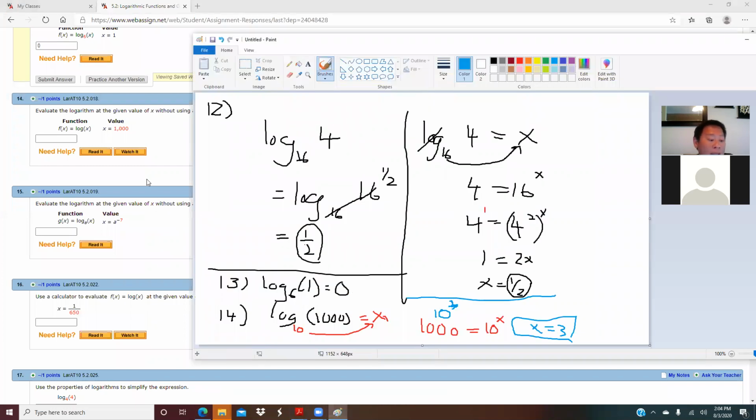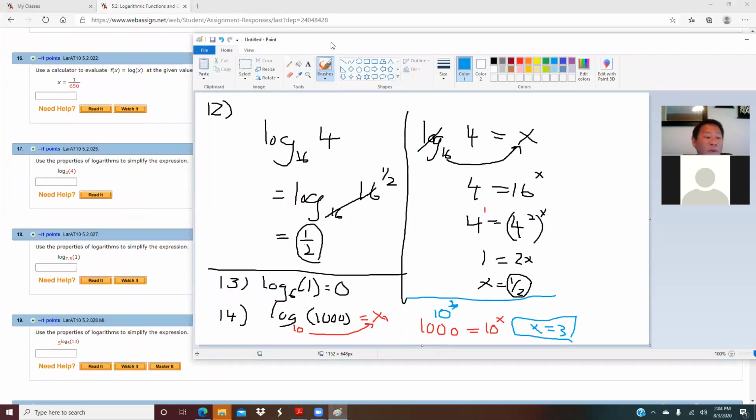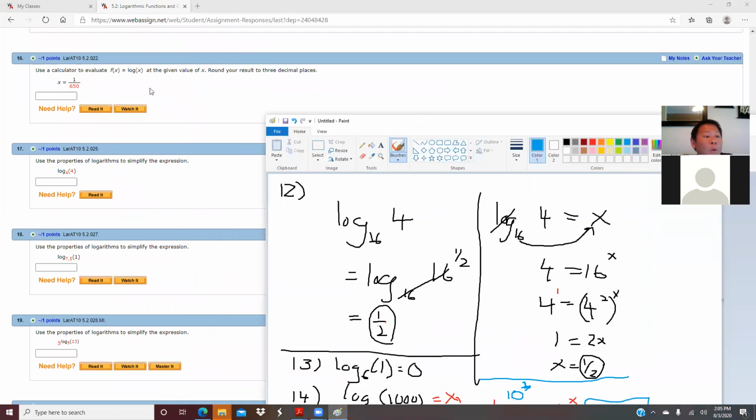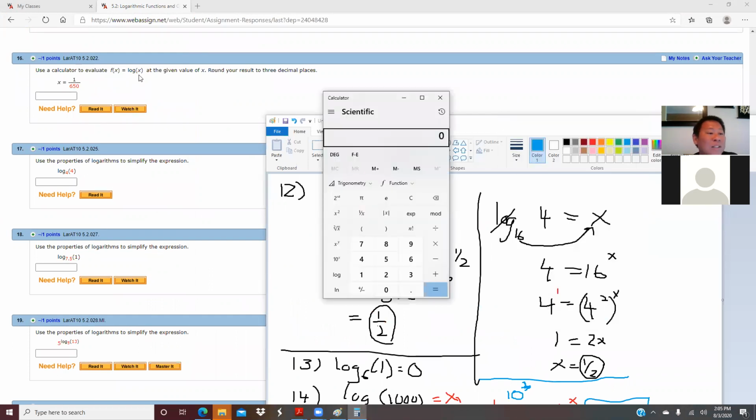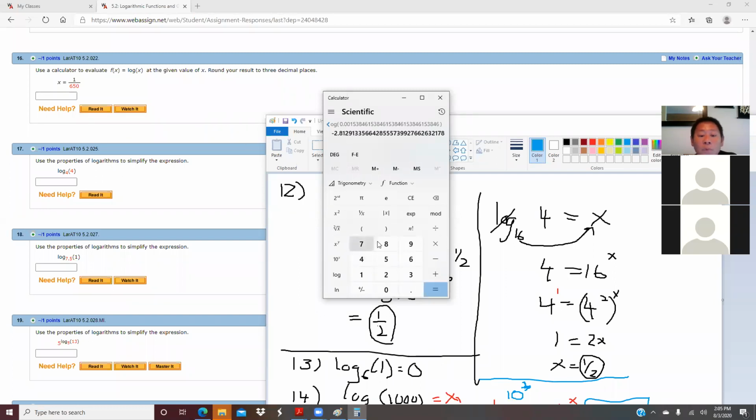Okay. Next, question 16, you have to use a calculator to plug this in there. For this calculator, you plug in 1 over 650 first, because it's a weird calculator, and then you do the log. So this gives me negative 2.813.